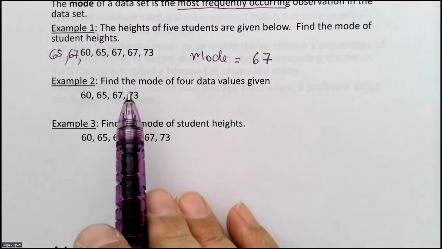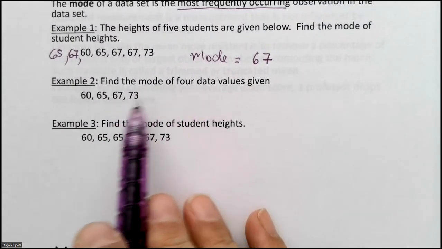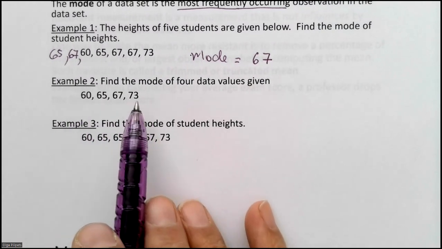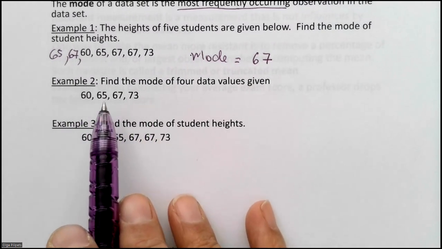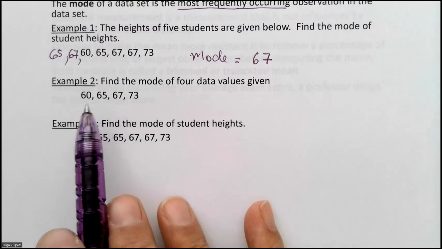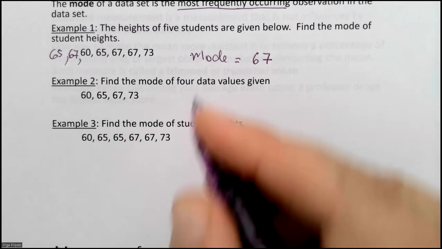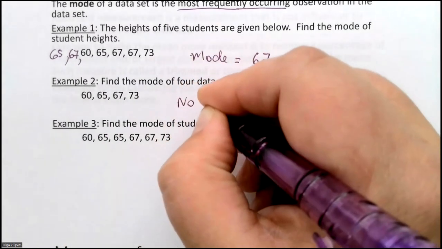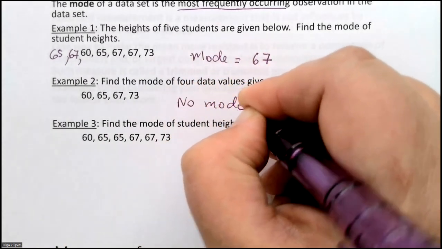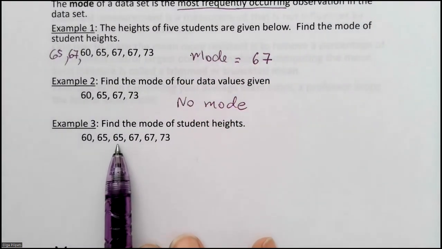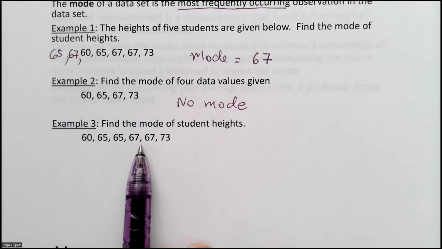Okay, so what's the mode of this data set? Well, there is no value that actually repeats more than any other value, so this data set has no mode. And for the next one, we already discussed it right here, it has two modes.